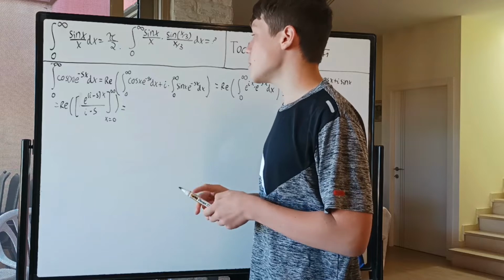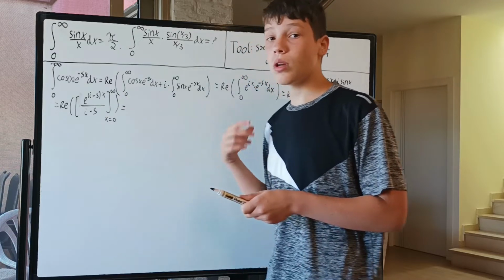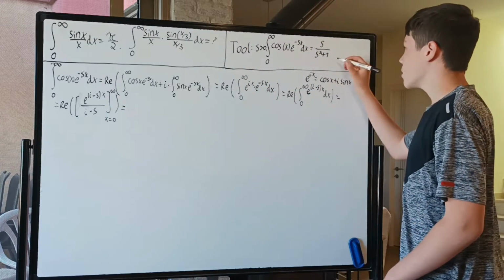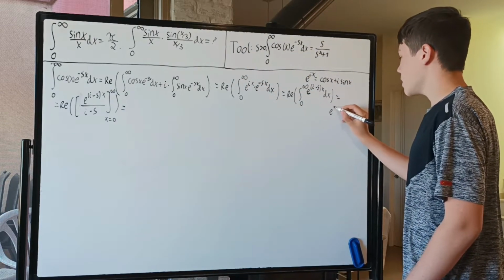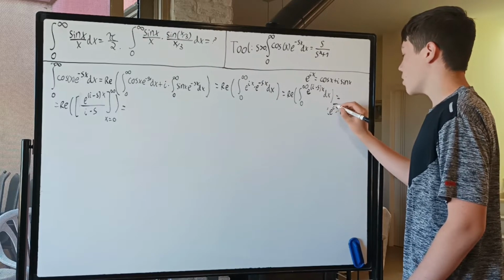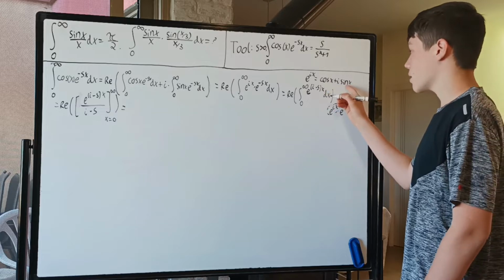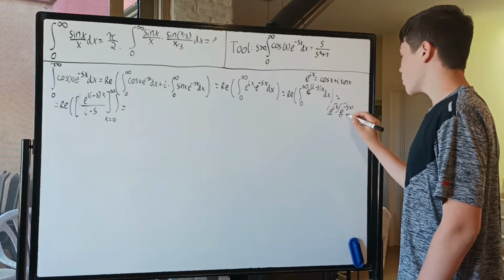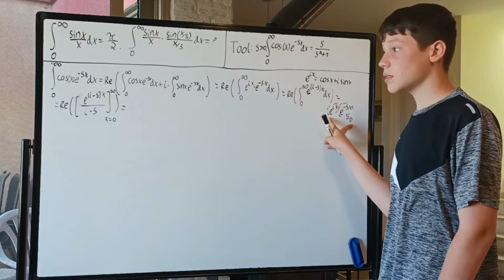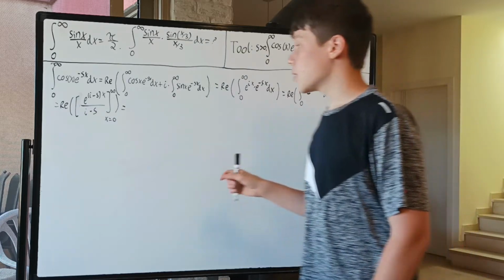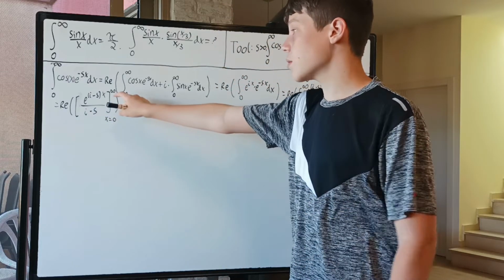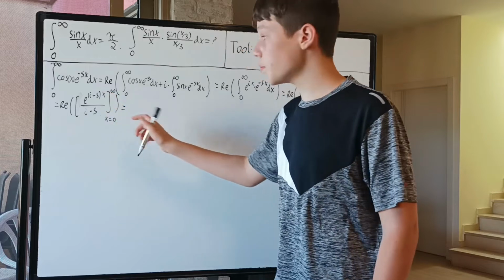But if s is greater than 0, indeed, e to the negative sx will go to 0. So we'll have e to the ix times e to the negative sx. This will be always bounded because cosine and sine are bounded. This will tend to 0, meaning that in total, this thing will tend to 0. And 0 divided by this constant is 0. So as x goes to infinity, this thing goes to 0.